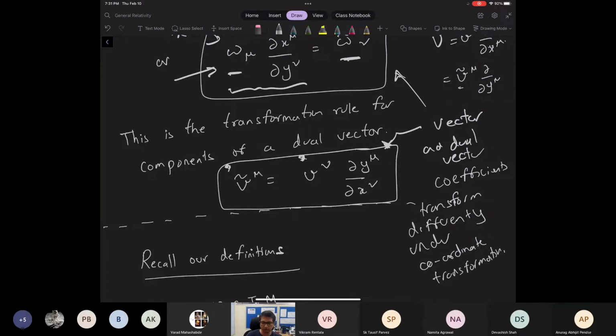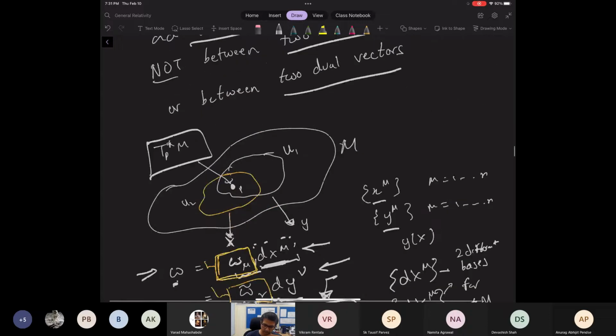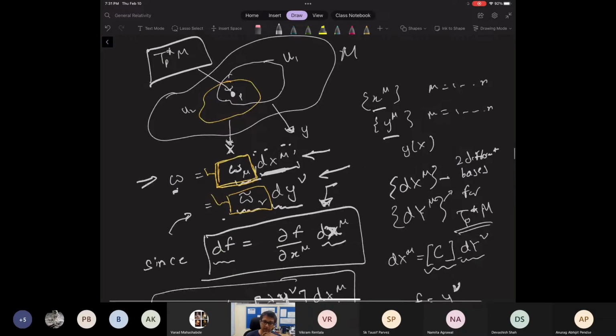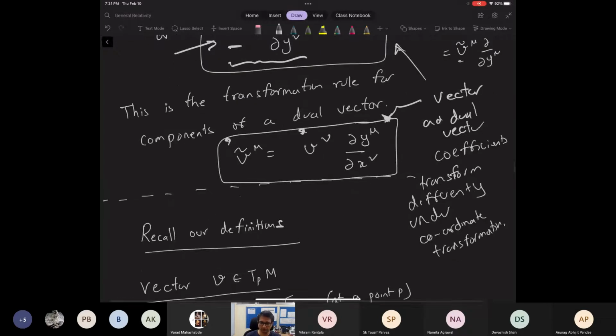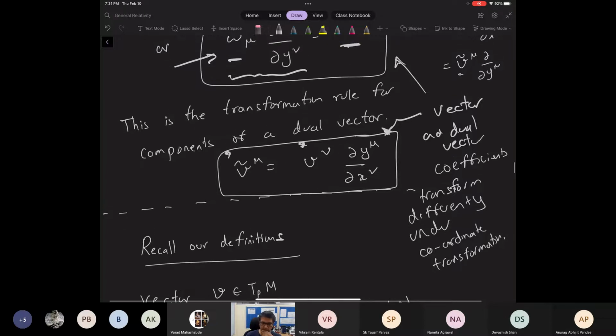That is, if you switch coordinates from one coordinate patch to another to describe the same point, and you therefore want to switch your dual basis vectors, then each vector is now described by a new set of basis coefficients. That transformation rule for vector coefficients is different from the transformation rule for dual vector coefficients.